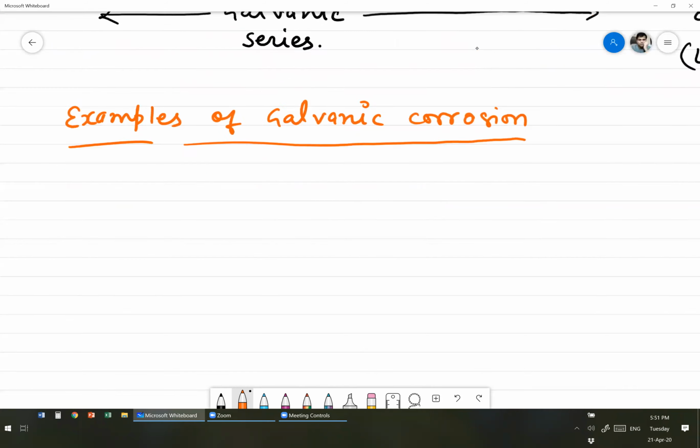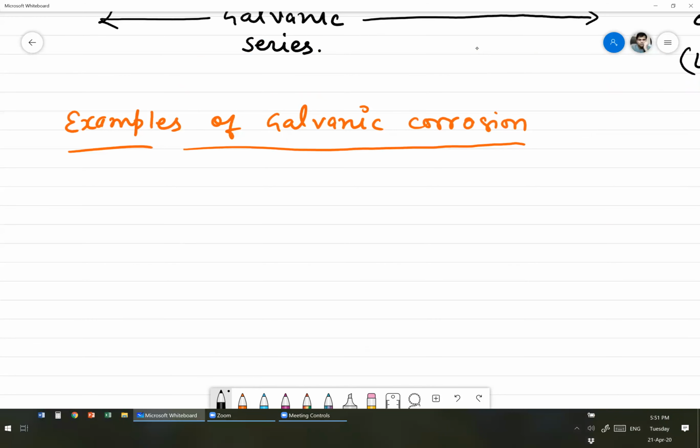The first example: when a mild steel nut is attached to a brass screw, the mild steel nut gets corroded. Mild steel means it has a low percentage of carbon. You know, steel is made of iron and carbon.